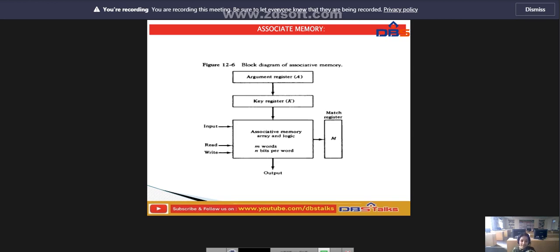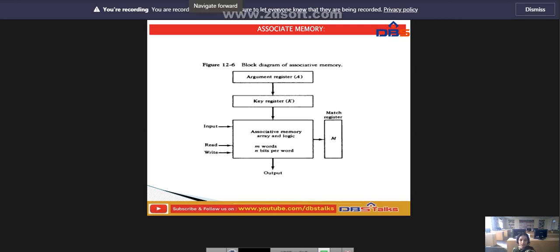The key register provides a mask for choosing a particular field or key in an argument word. The entire argument is compared with each memory word if the key register contains all ones. Otherwise, only those bits in the argument that have ones in the corresponding position of the key register are compared.